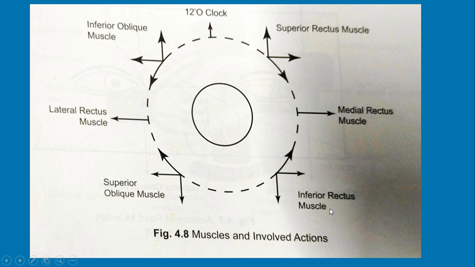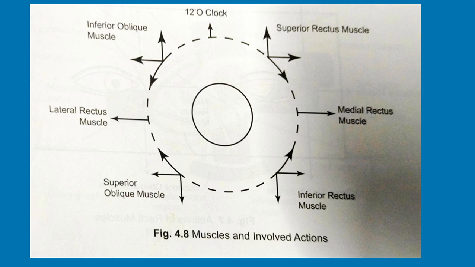Then the next muscle, the inferior rectus muscle. The inferior rectus muscle has got three actions. One, the depression, the downward movement of the eyeball. The other movement, adduction, the medial movement of the eyeball. And extorsion. Extorsion means lateral rotation, that is movement opposite to medial rotation.